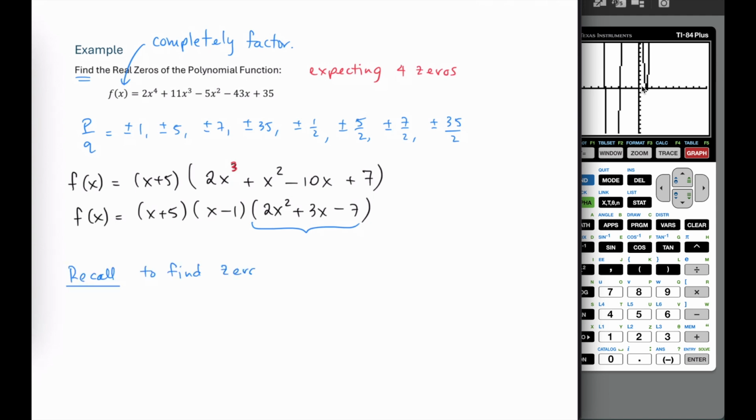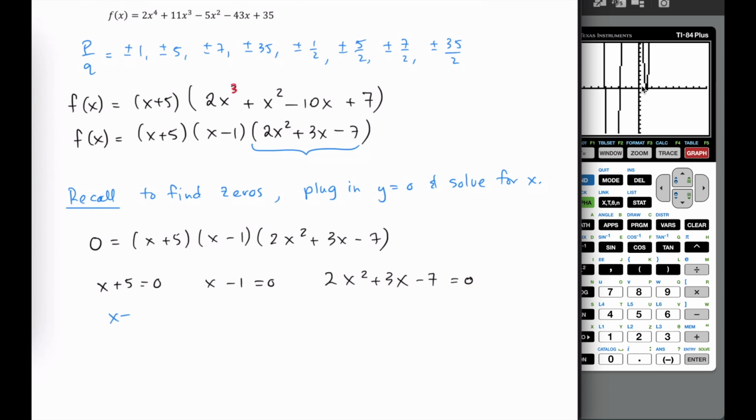So let's recall, in order to find the zeros of a polynomial, we plug in y is equal to 0 and solve for x. It's much easier to solve that equation when the polynomial is completely factored. And we do that by setting each of the factors equal to 0. Solving for x in these first two equations give us the zeros that we've already confirmed, but we're going to get 2 more zeros by solving this quadratic equation.